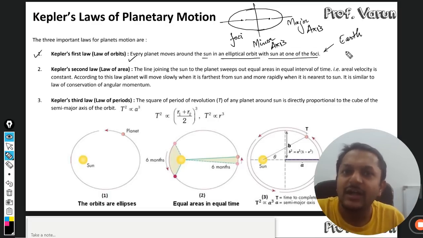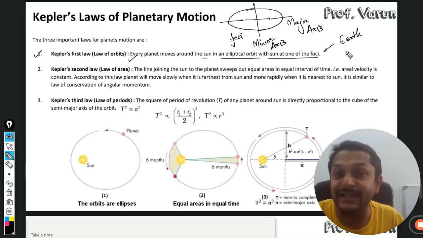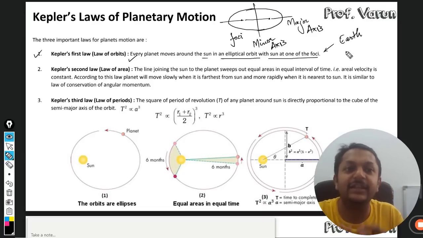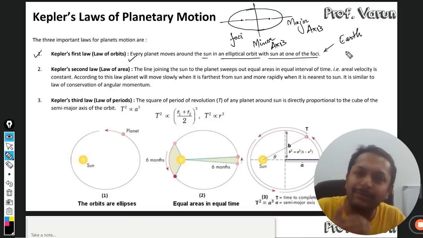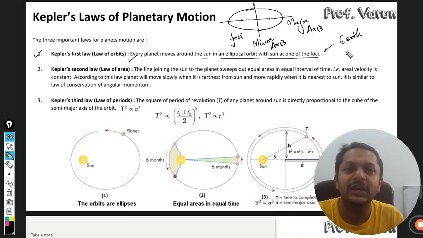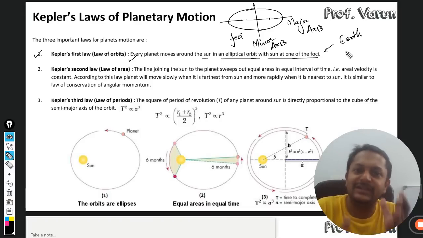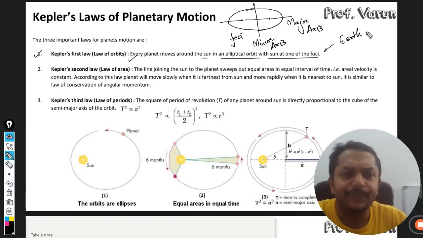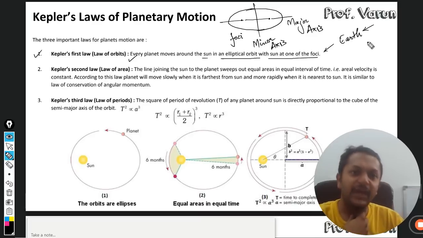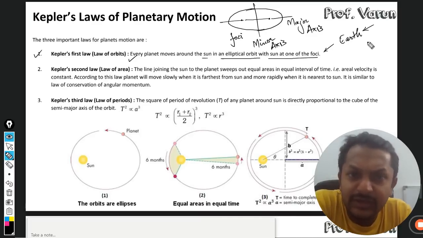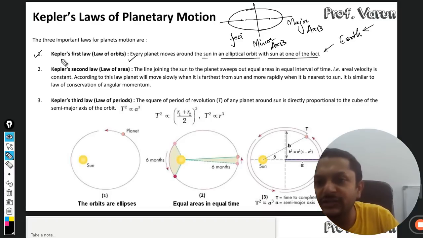Technically, the orbit is still an ellipse, but only in the case of Earth can it be regarded as a circle, because the major and minor axes are almost equal. That is a special fact about Earth. So this is the first law.